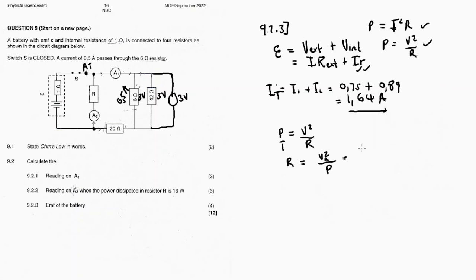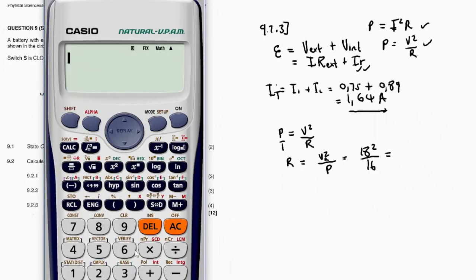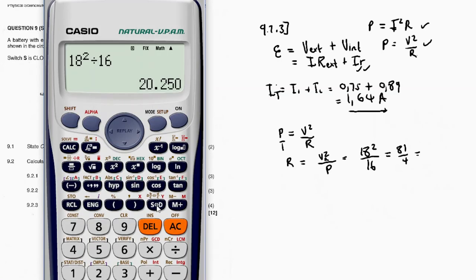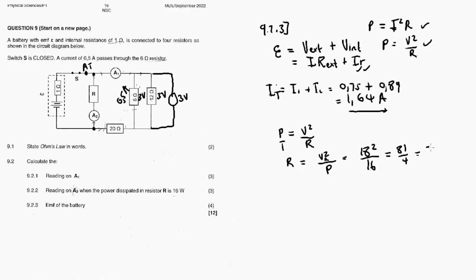So therefore it's 18 squared divided by 16. Answer is 81 over 4, which is the same as 20.25 in 2 decimal places.